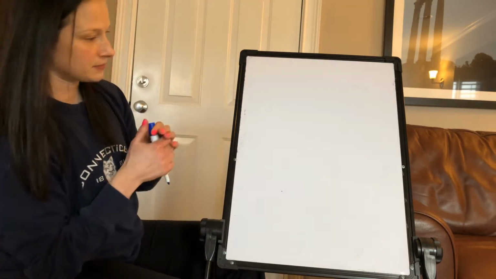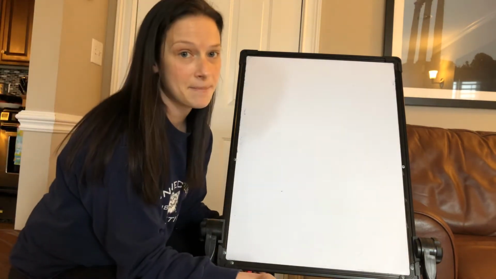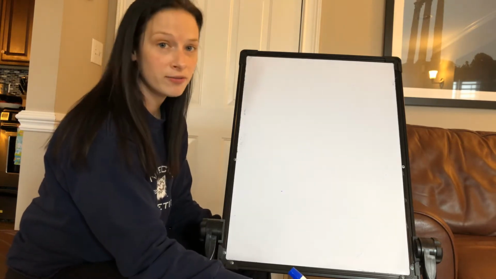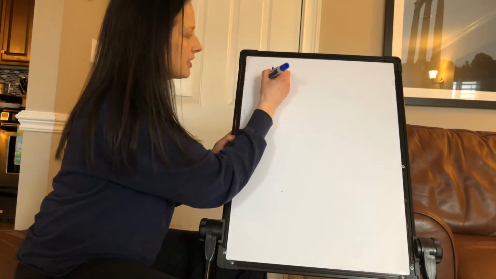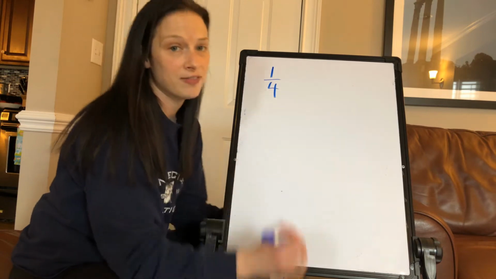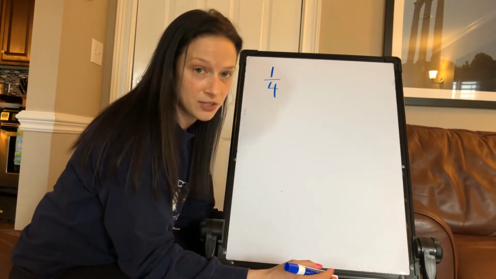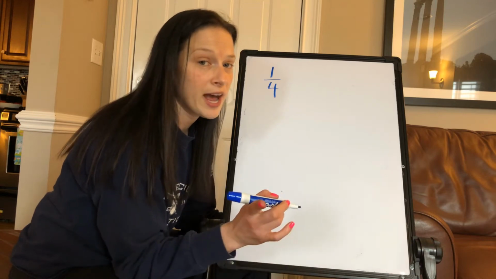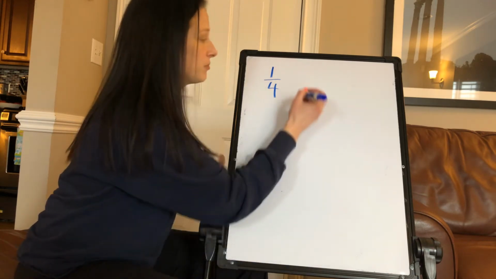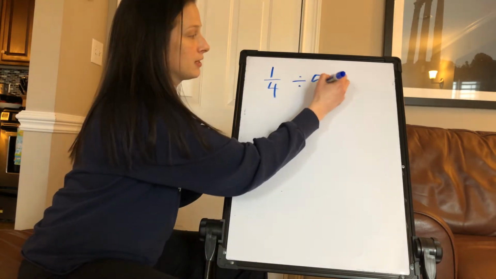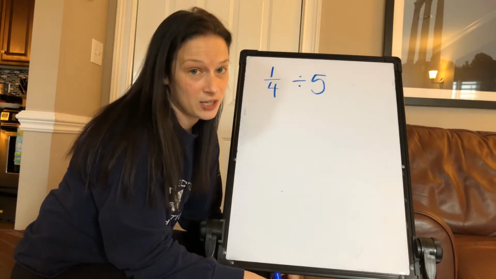So let's say that there is 1/4 of a pizza left in your refrigerator. Okay, so 1/4 of a pizza is left in your refrigerator. And you have 5 people in your family. And we're gonna share it equally.